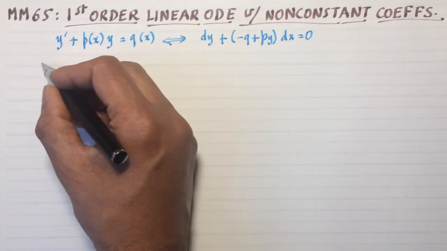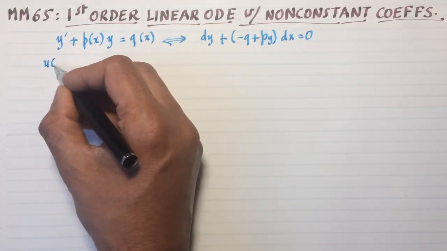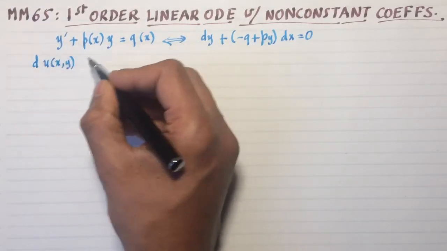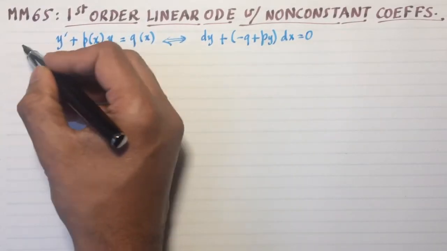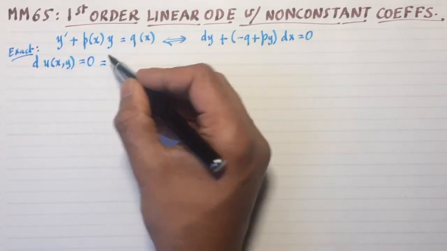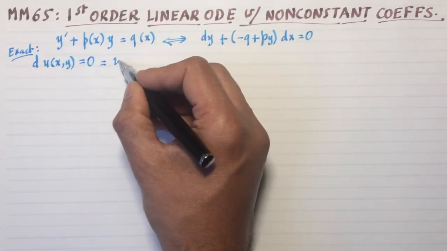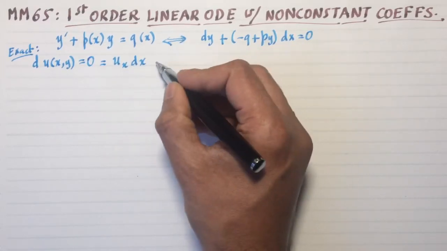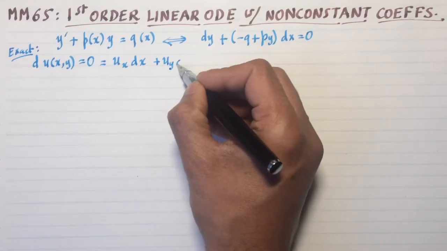So if I had a function u of x comma y that's exact, that means du is 0. That's what the exact function means. Then I can write this as ux dx, where subscripts refer to partial derivatives, plus uy dy.